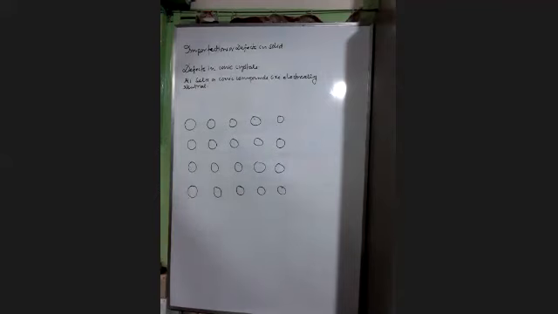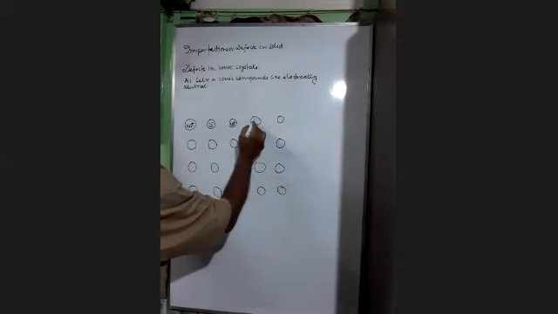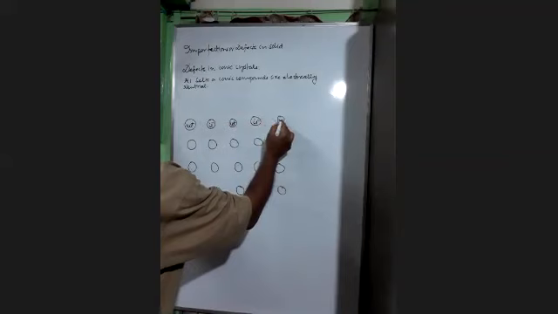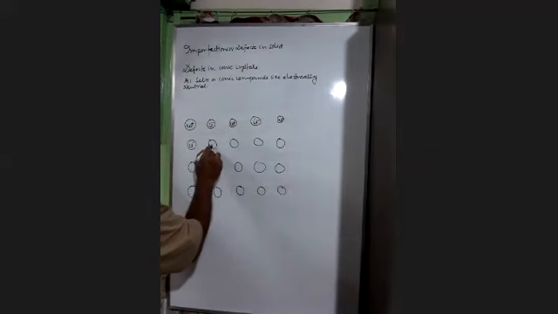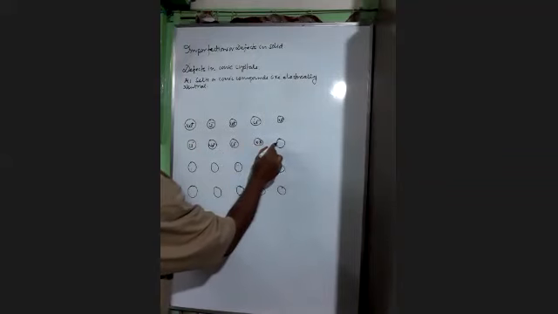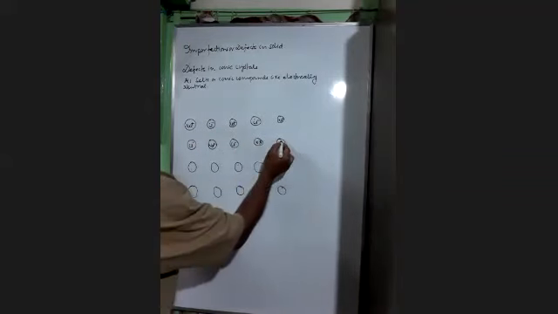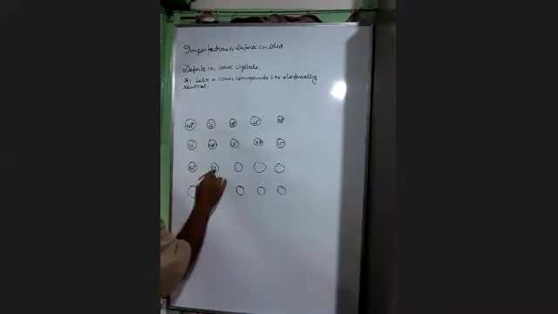See here. I'm not writing any ion, I'll write Na plus, Cl minus, Na plus, Cl minus, because oppositely charged ions will always remain together.